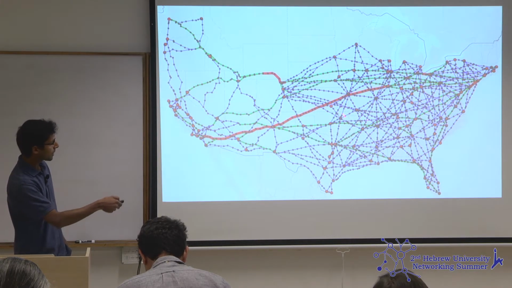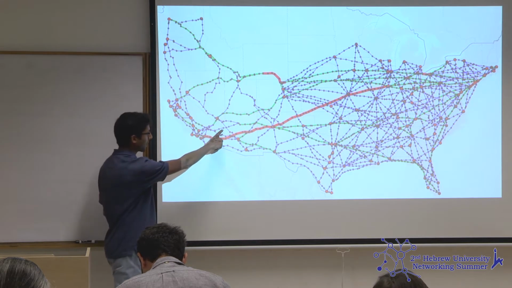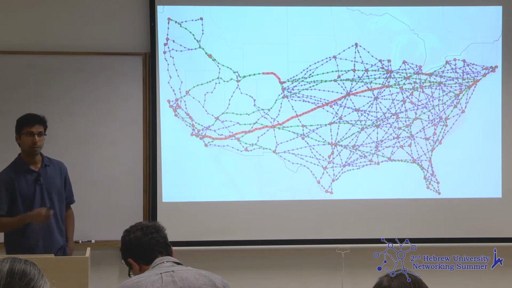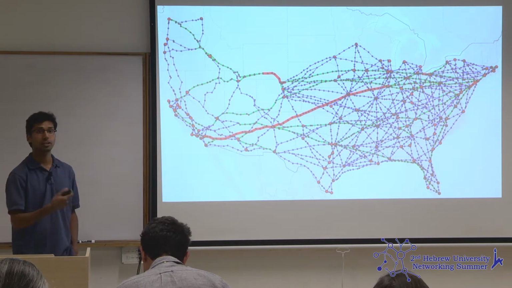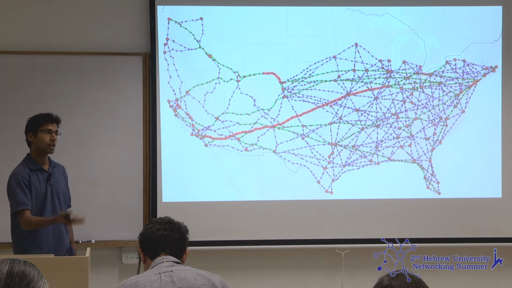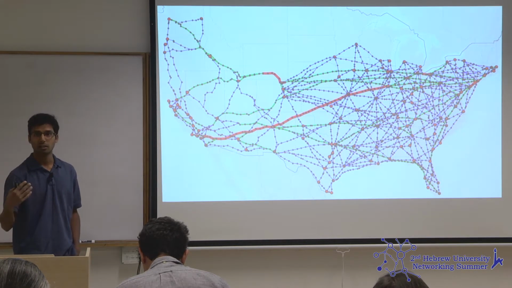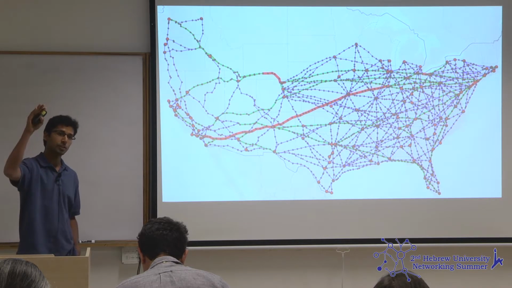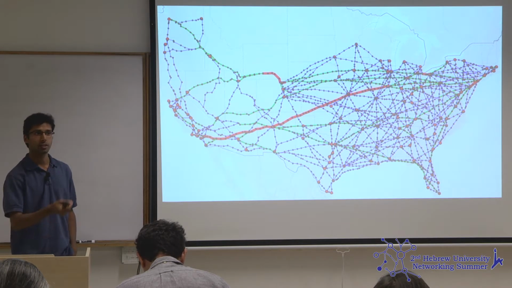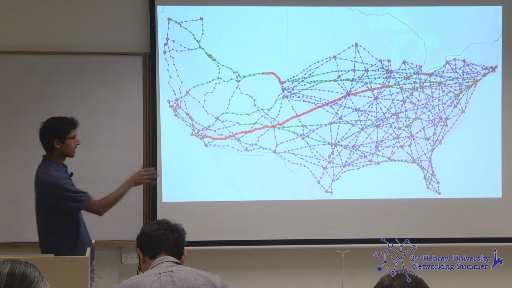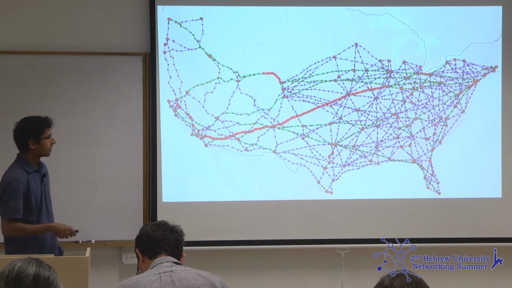So this is a map showing every black dot here is a microwave tower, something that already exists in the US. We just use tower data from the FCC in the US. Anytime you build a tower above a certain height, you have to register it in a database. We pull that database and use that to do this optimization.